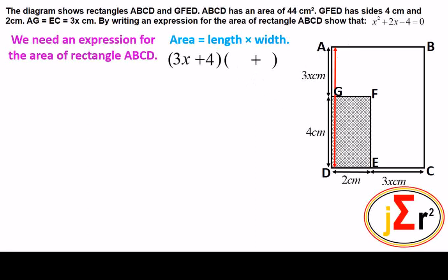Then we will multiply that by the width, which is given as 3x centimeters to be added to 2 centimeters. We have your length and your width, and that will be equal to the area of the rectangle that is already given: 44 centimeters squared, or square centimeters.